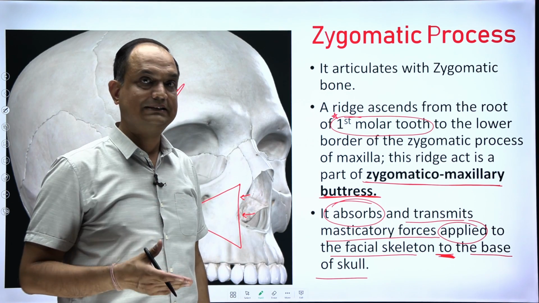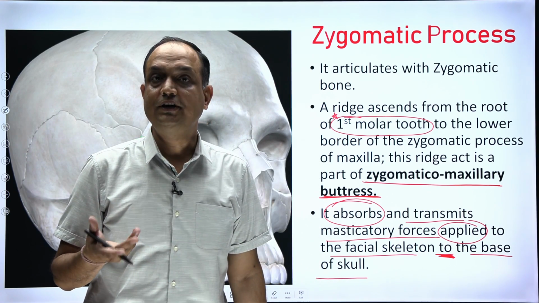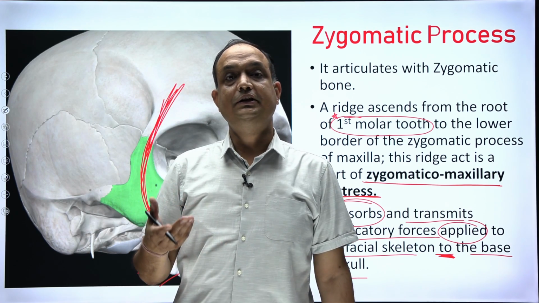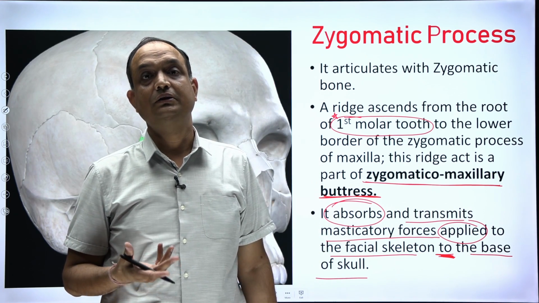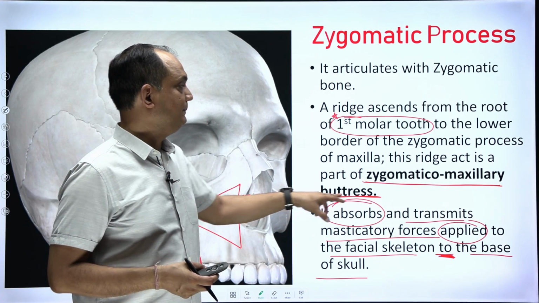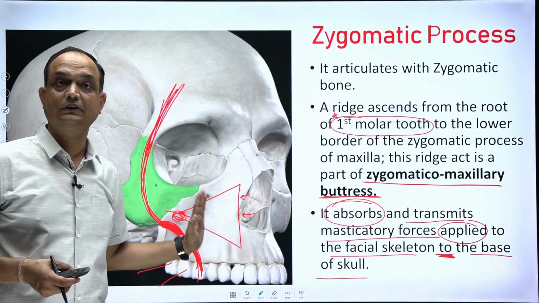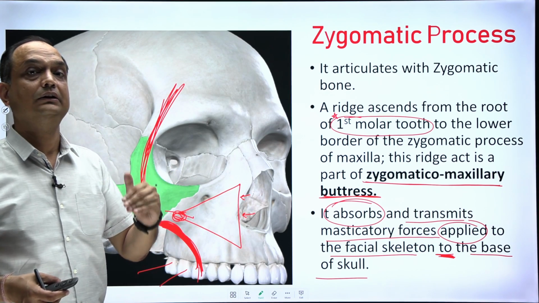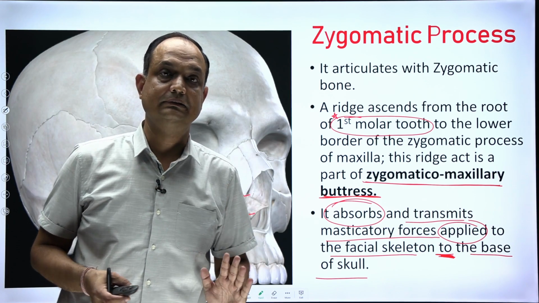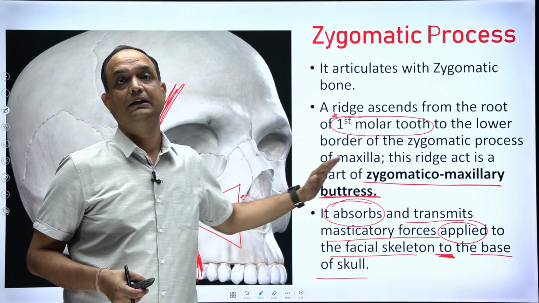So sometimes in the exam you will have the question of how the masticatory forces are generated. These forces are generated by the muscles of mastication during the different movements of the mandible. So these are buttresses which are present along different parts of the skull. Generally you will find vertical and horizontal buttresses, and one of the buttresses is known as the zygomatico-maxillary buttress.